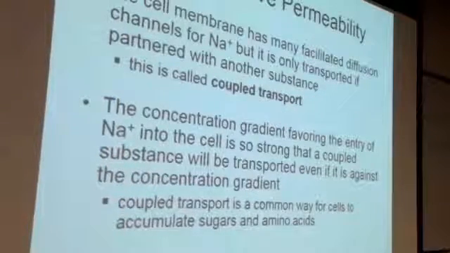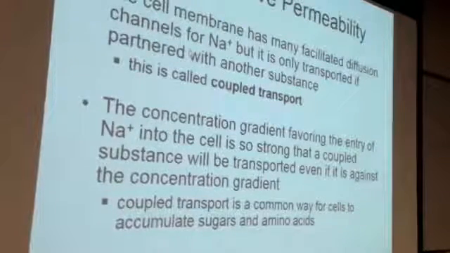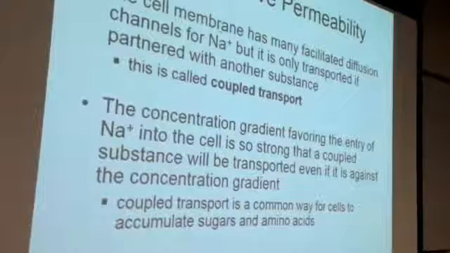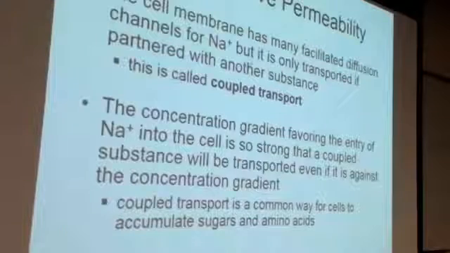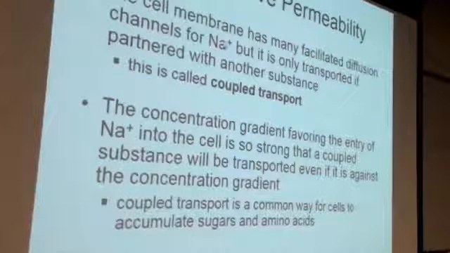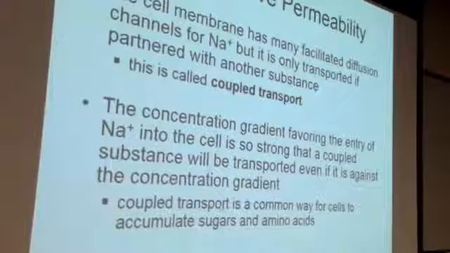Sometimes these things will couple, but it's not necessarily what the cell is trying to do, like sodium. So I said sodium is supposed to be pumped out, but it constantly finds a way to sneak back in. The sodium ion is really small, and so it can easily hide itself within another molecule. And it does that with these sugars.